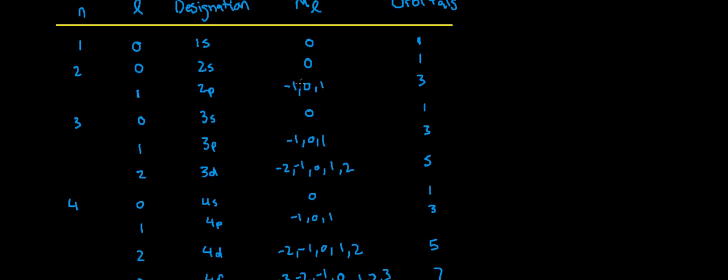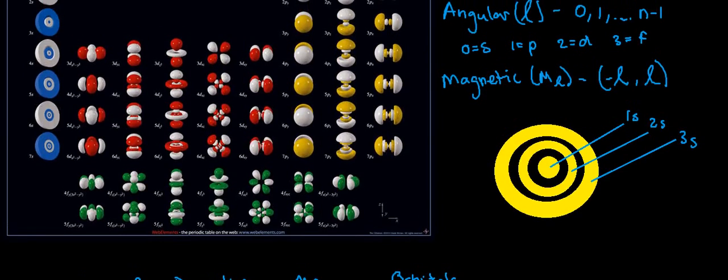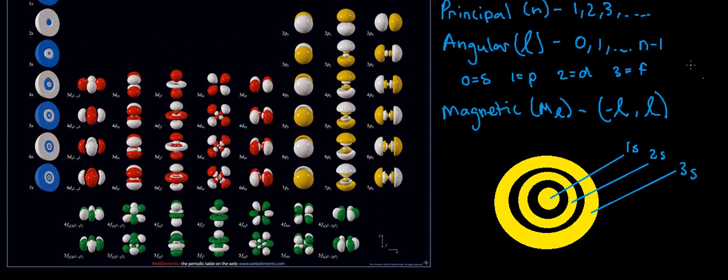The magnetic quantum numbers, therefore, are minus L to L. So I have minus 1, 0, and 1, so there are 3 orbitals. That lets me know the shape, and it also has a designation for which orientation in space these are.